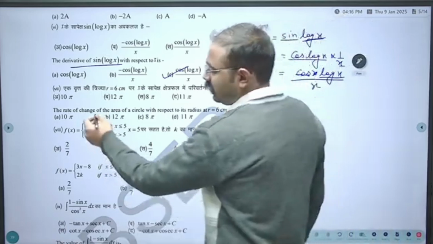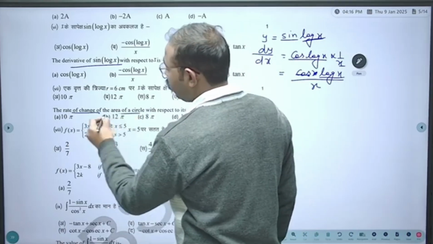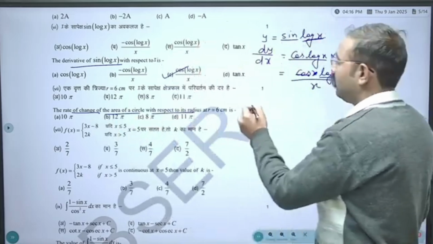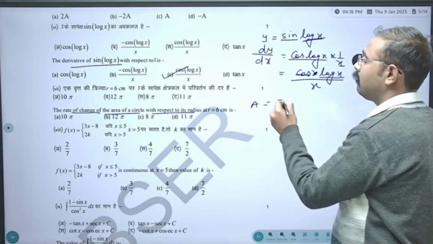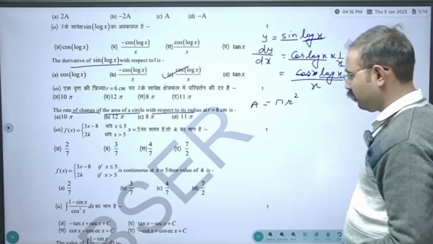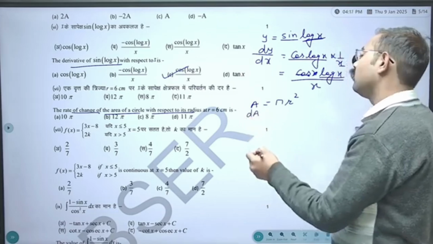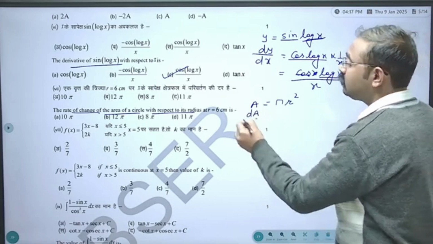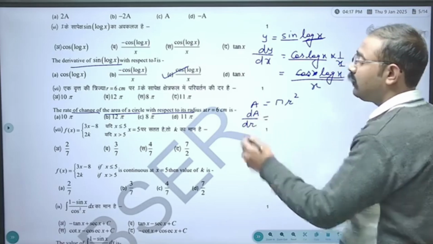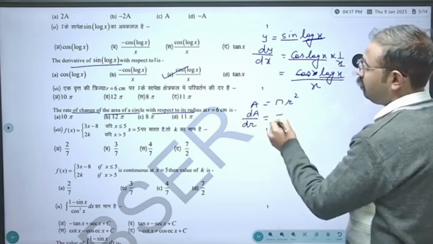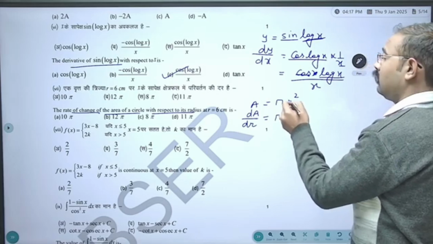Next is the rate of change of the area of a circle with respect to its radius. Area of circle is pi r square. Change in area with respect to radius means dA upon dr. We have to differentiate it with respect to r, and pi is constant.